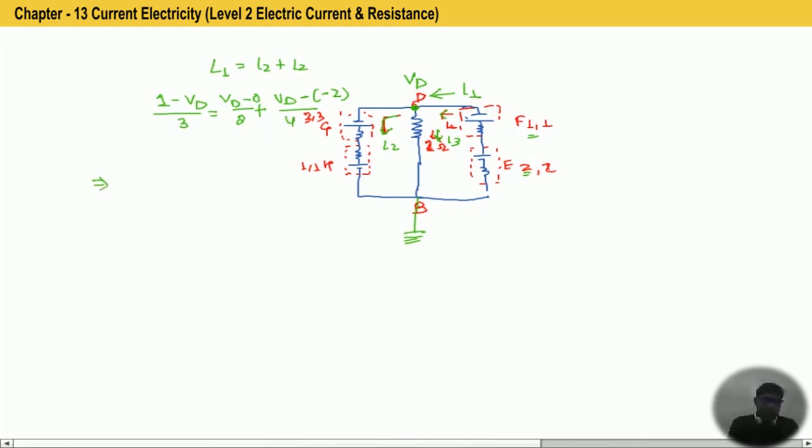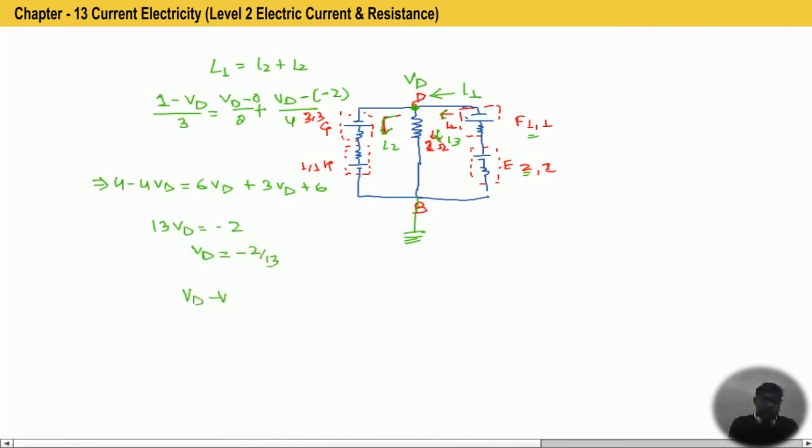So from here we'll get 4 minus 4 VD equals 6 VD plus 3 VD plus 6. Okay. So from here we'll get 13 VD equals minus 2. So VD is equal to minus 2 by 13.